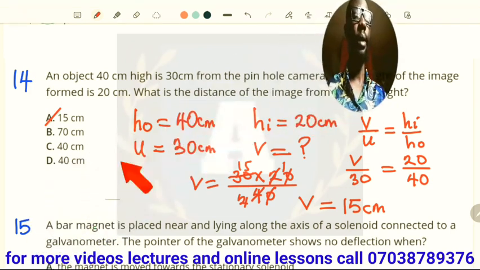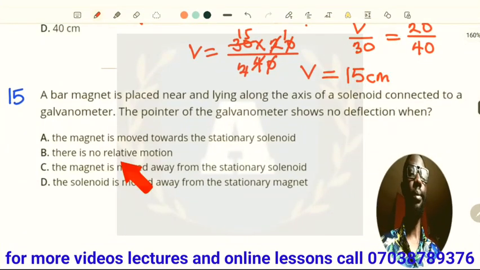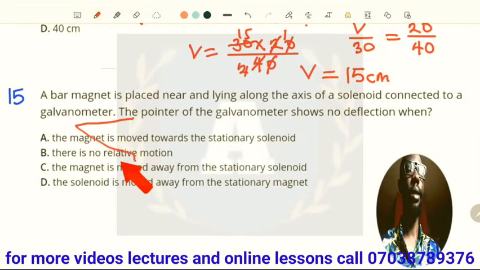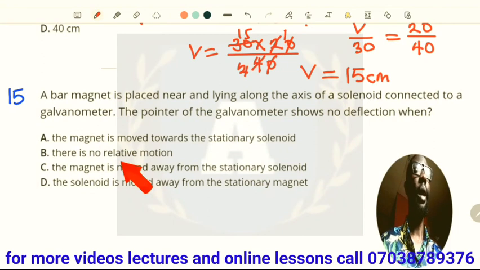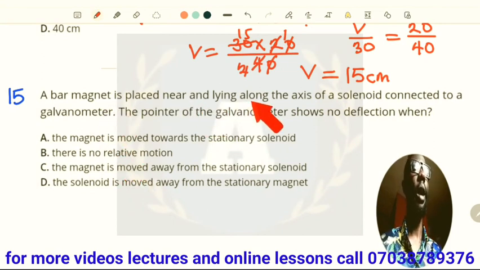Now the next question says a bar magnet is placed near and lying along the axis of the solenoid connected to a galvanometer.